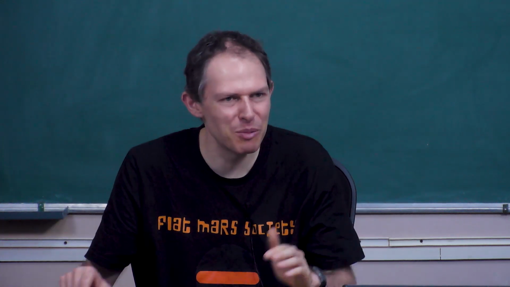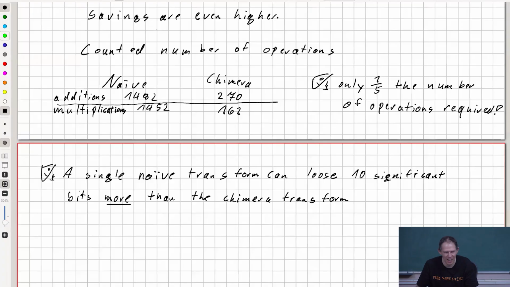I don't remember. For the fraction, 52. Okay, so you would still have 42 left, right? So double precision would still be better than single precision in this case.